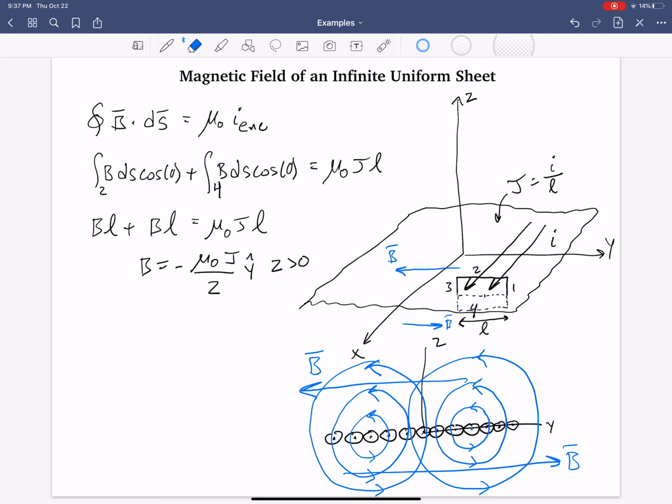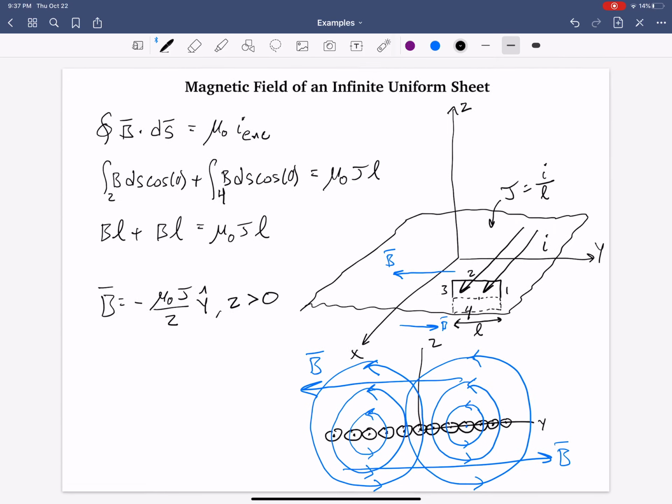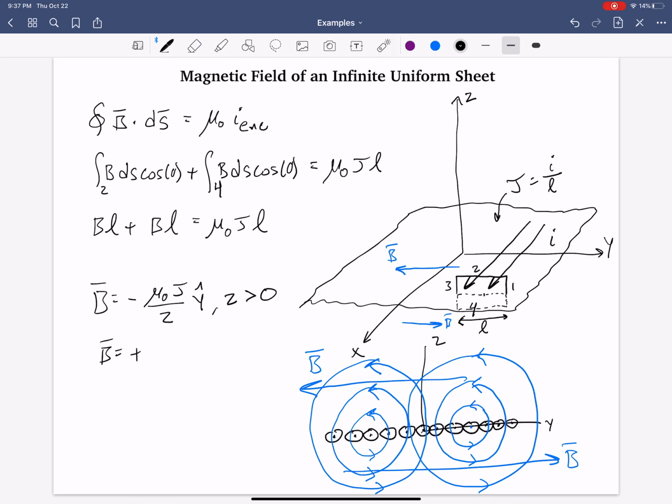Magnetic field is negative mu naught J over 2 in the y hat direction for values above the sheet, which effectively means z greater than 0. And it is positive mu naught J over 2 in the y hat direction for values of z less than 0.